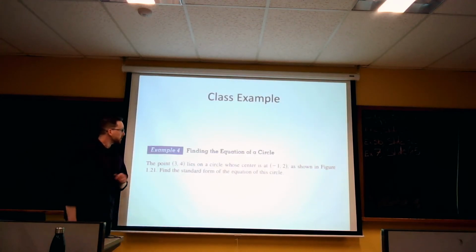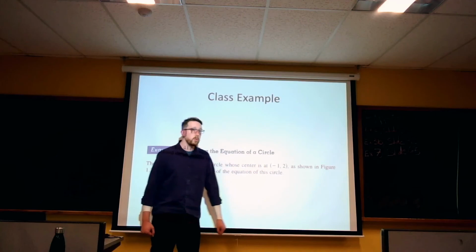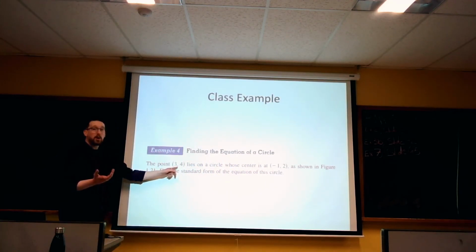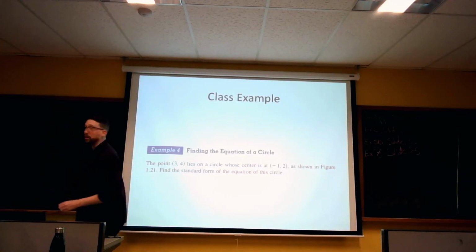So, with that, excuse me, let's imagine that we've got this circle. The circle is centered at negative 1, 2, so that's our HK, and on its boundary, there's this point 3, 4. Pretend like this is a well-drawn circle.